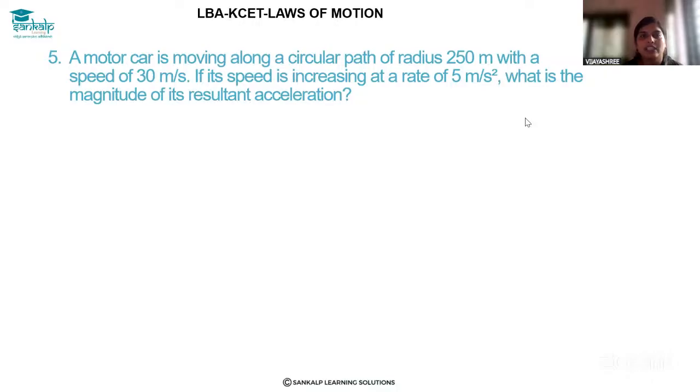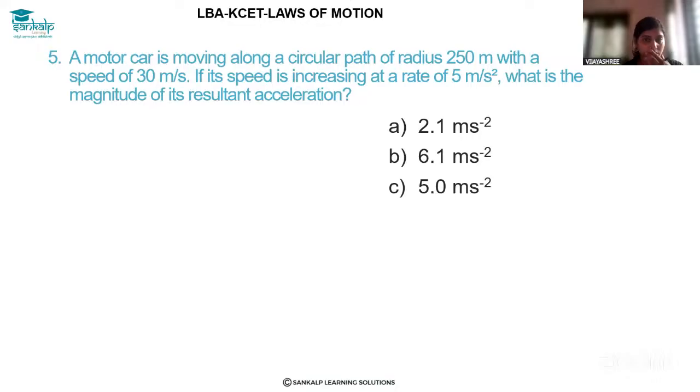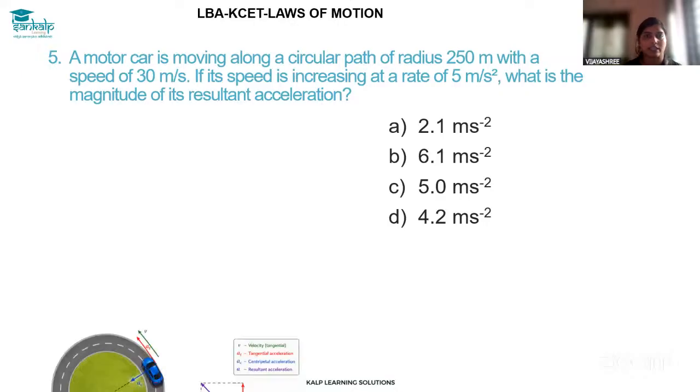If its speed is increasing at the rate of 5 meter per second square, what is the magnitude of its resultant acceleration? Option A 2.1 meter per second, option B 6.1 meter per second square, option C 5 meter per second square, and option D 4.2 meter per second square.